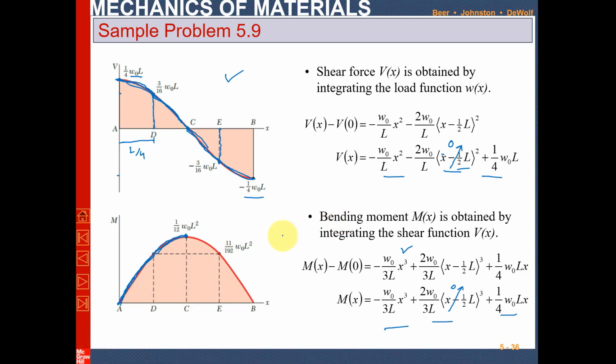So at points D and E, they have the same value, which is 11 by 192. So you can project that point, and this will be your bending moment between points C and D, which is cubic. And similarly at point B, there will be 0 moment, and this will also be a curve.